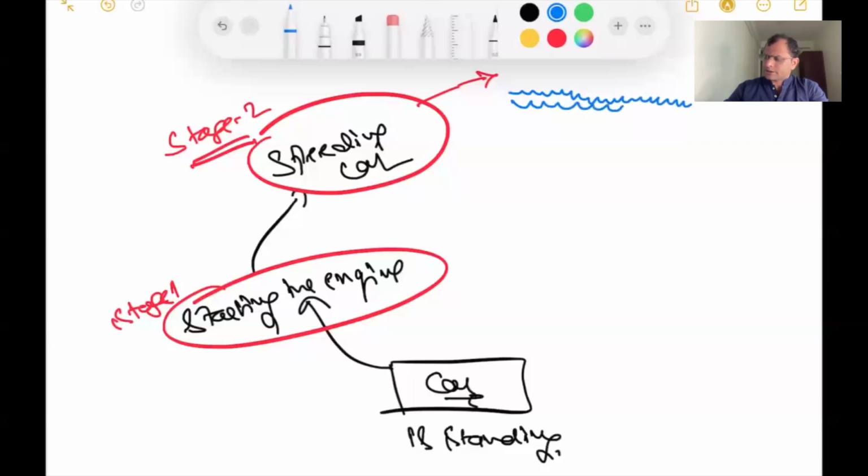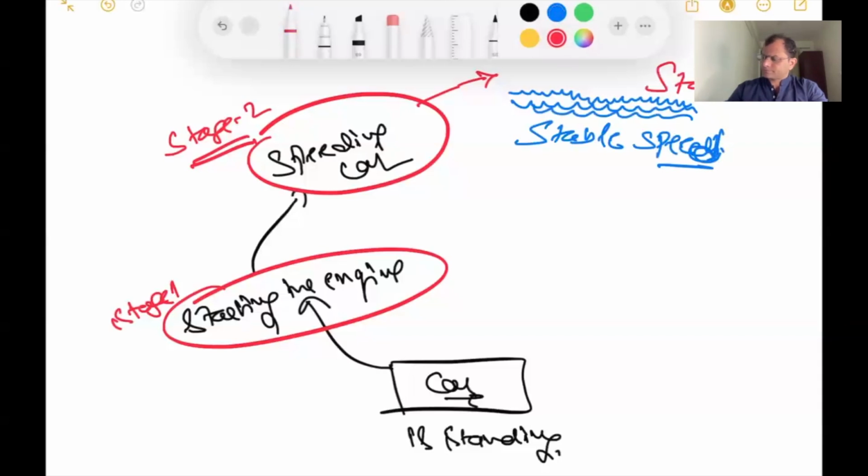We are going with the same stable speed for many kilometers. Stable speed. Okay. So this is stage number 3. So first we started the car, then we sped up. Starting is the first stage, speeding up is the second stage. Then we drove the car at one speed for many kilometers.